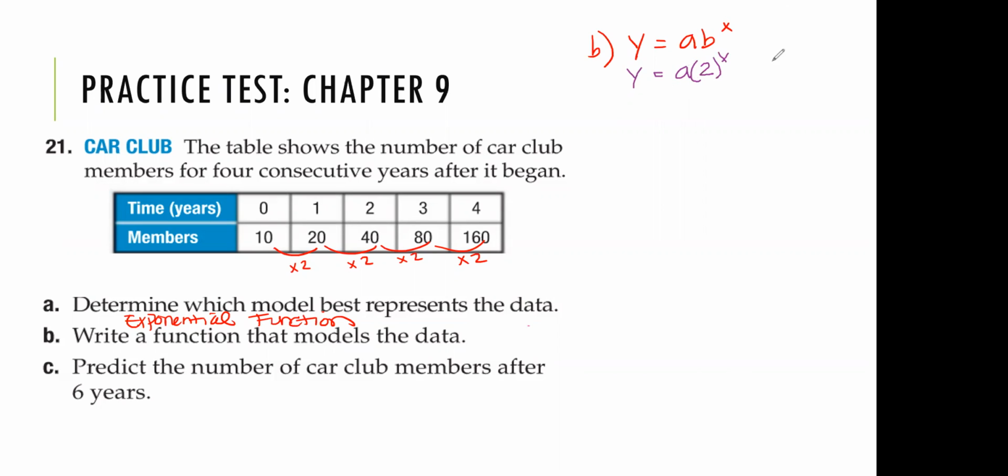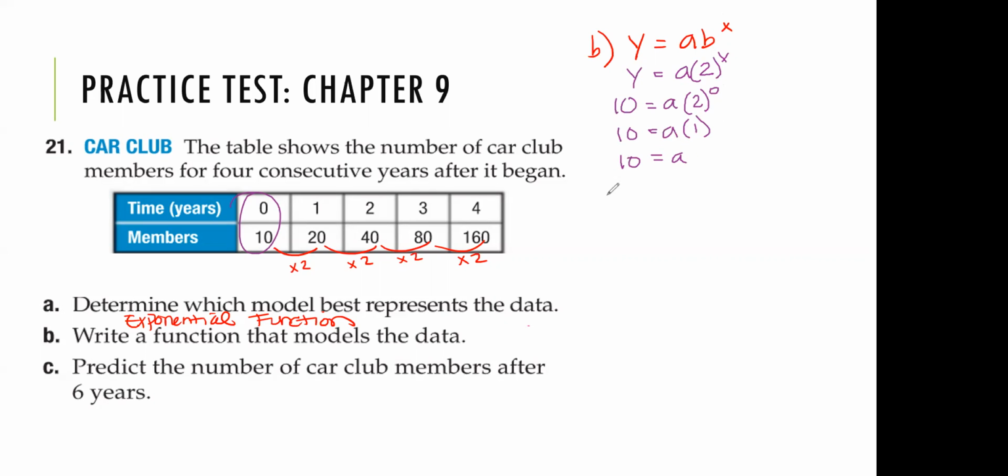Now, I know that when x is equal to 0, my y value is equal to 10. So I can plug in to this equation 10 equals a times 2 to the power of 0. And the reason I'm picking 2 to the power of 0 is because anything to the power of 0 is just 1, right? And a times 1 is a, so that helps me figure out what a is, right?